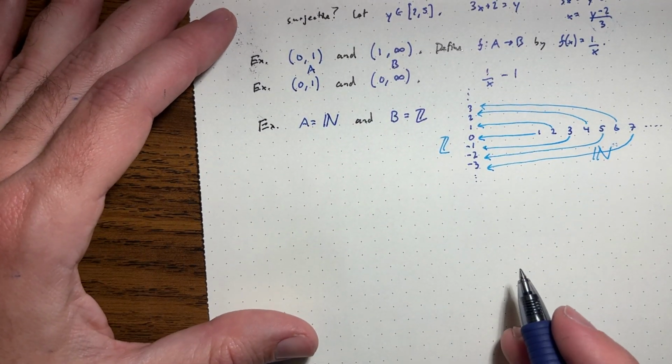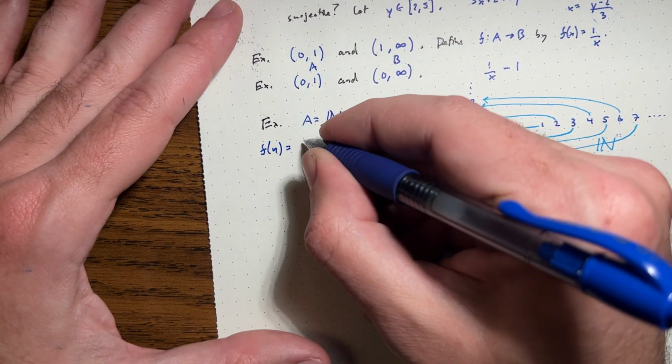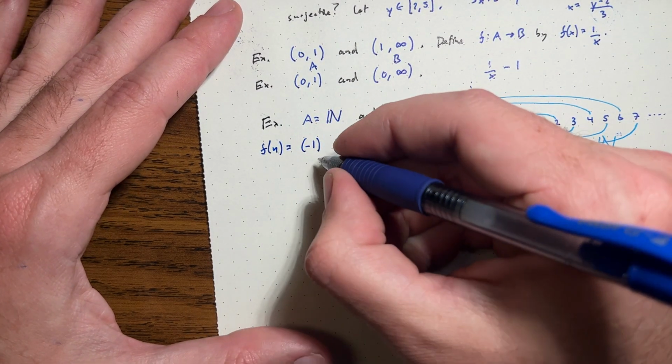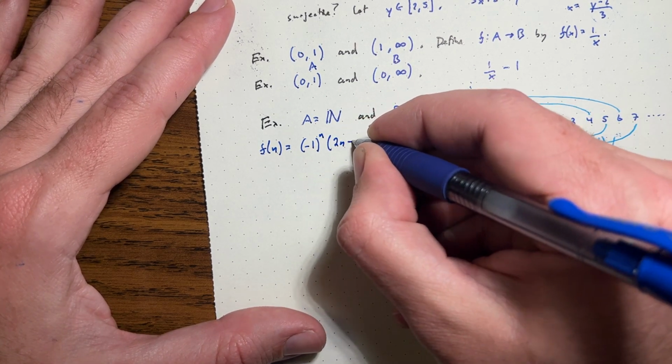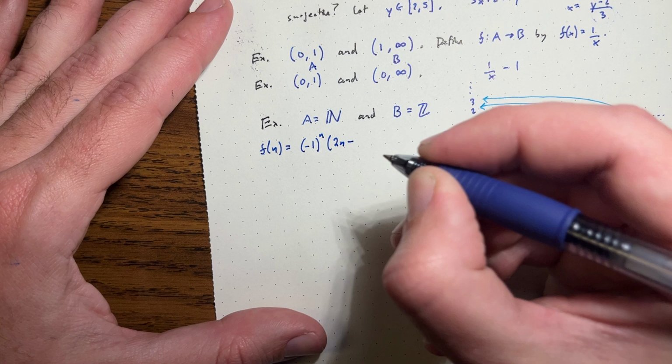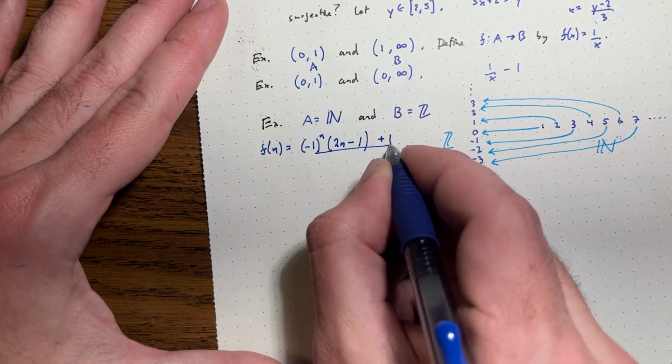By the way, here's my attempt at coming up with a formula for this. So if you really want one, negative 1 to the n times 2n. Let's see, is it minus 1 or plus 1? I think minus 1. Then plus 1 over 4.